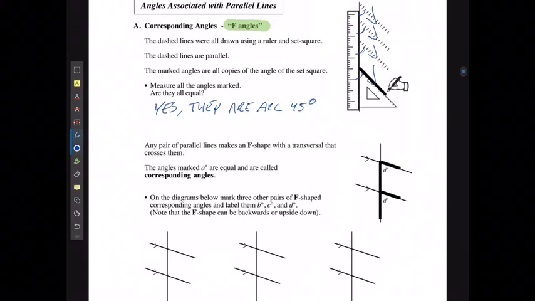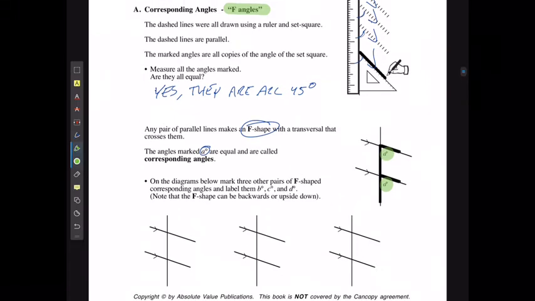So, any pair of parallel lines makes an F shape with a transversal that crosses them. The angles marked A degrees are called corresponding angles, which means that the angles inside of that F are going to be corresponding angles.